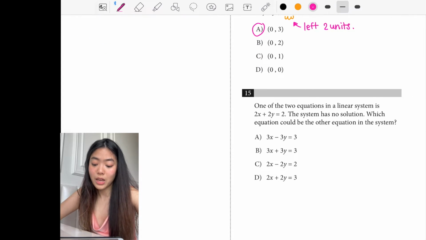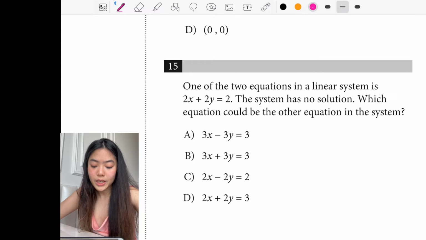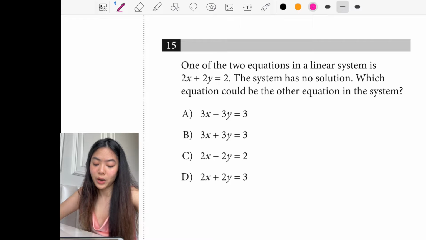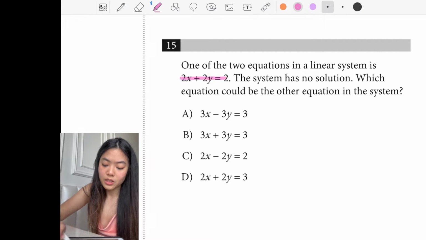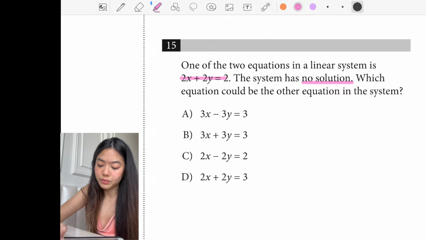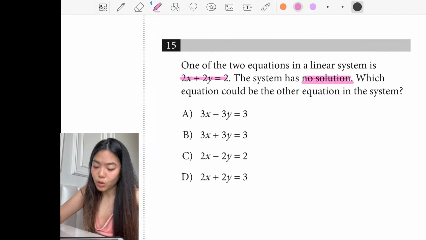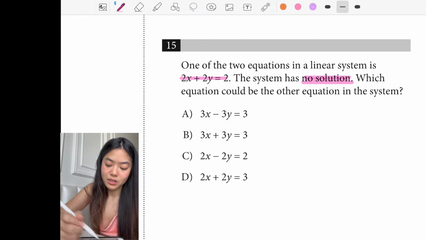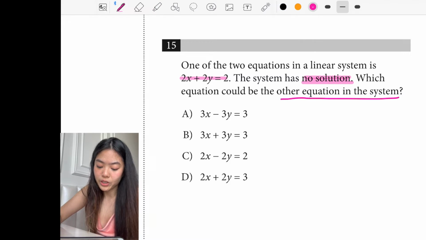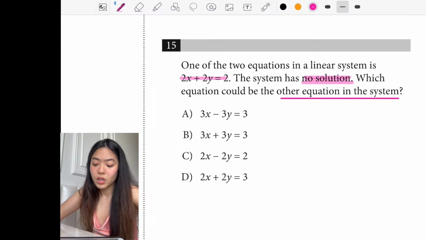Question 15. One of the two equations in the linear system is 2x plus 2y equals 2. The system has no solution. So which equation could be the other equation of the system?